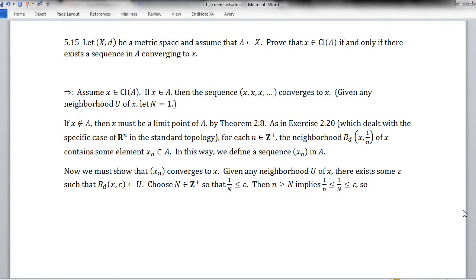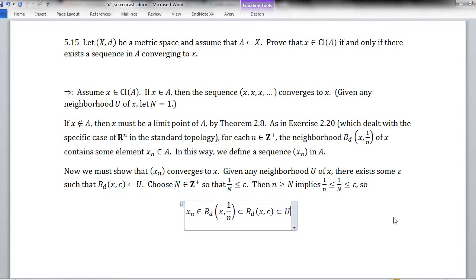From the previous paragraph, we have x_n contained in the ball centered at x of radius 1 over n. And since 1 over n is less than or equal to epsilon, that is a subset of the ball centered at x of radius epsilon, which we were given is a subset of U.